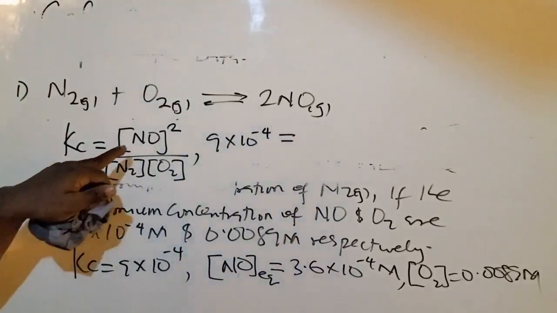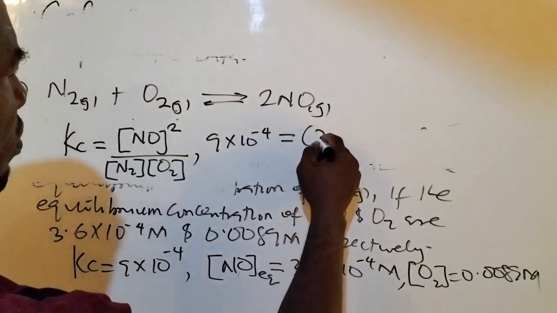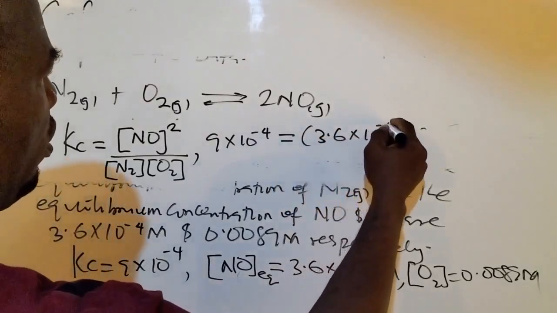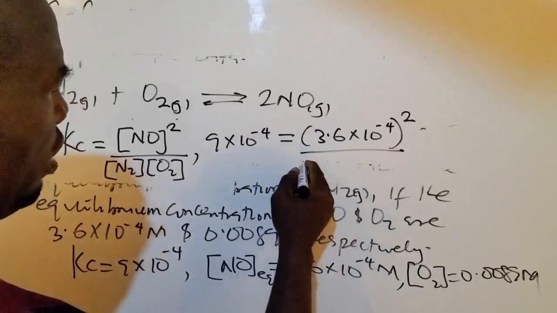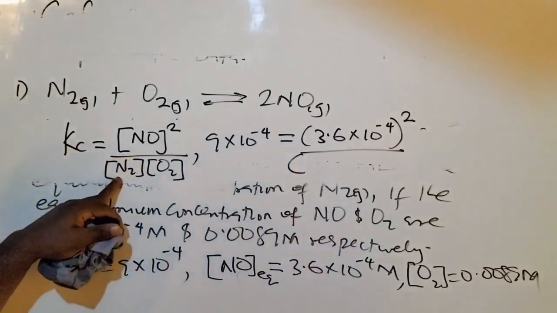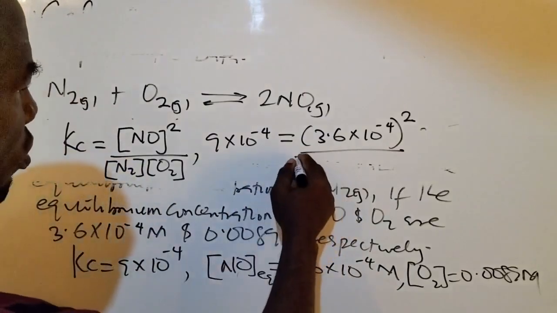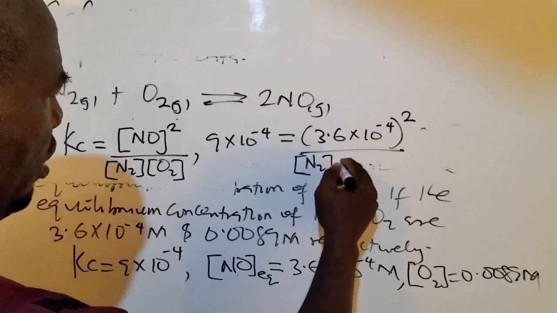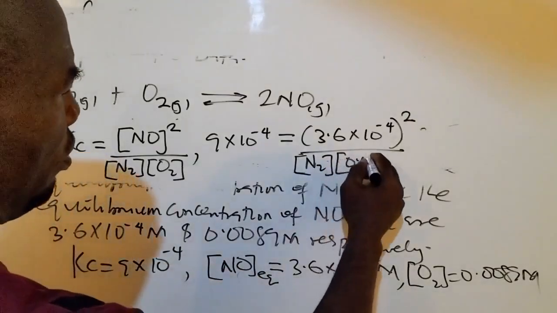The equilibrium concentration of nitrogen monoxide is 3.6 times 10 to the power minus 4, all squared, all over the concentration of nitrogen, which is what we're looking for, so we'll make it unknown, and then the concentration of oxygen given to us as 0.0089.